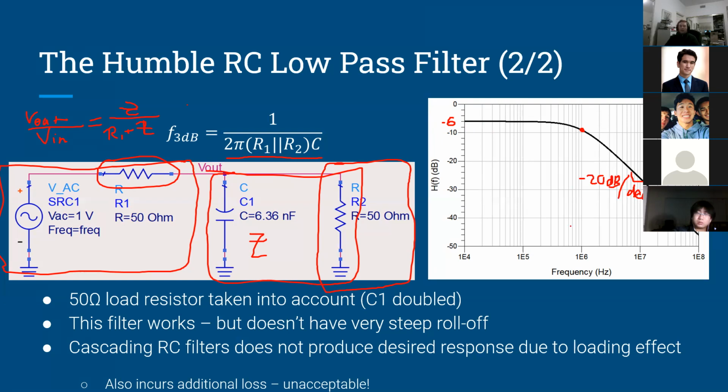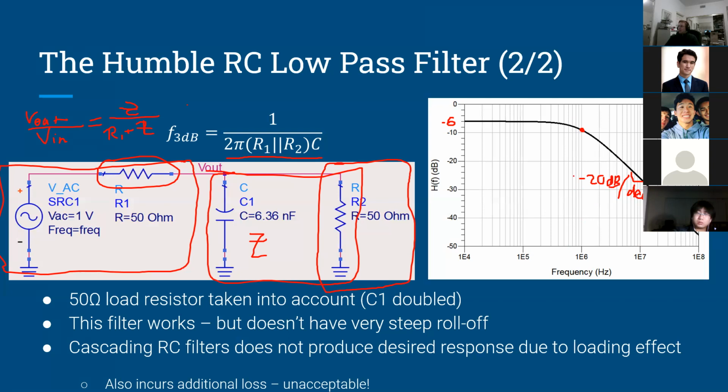And if you haven't taken 110 or 141 or the equivalent, you might not have heard about this. But if you have a single pole in your transfer function, then as frequency increases, it's going to roll off by 20 dB per decade. That's just a well-known result.